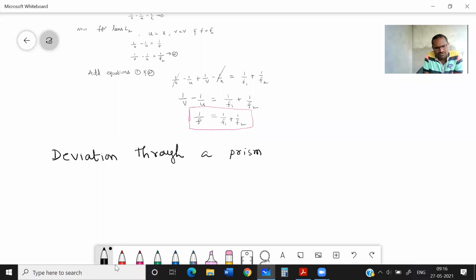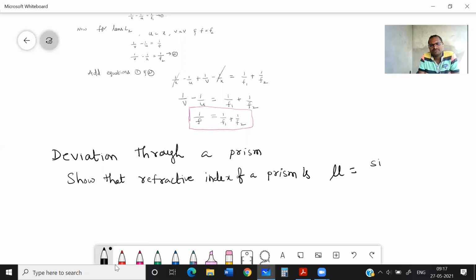That is, show that refractive index of a prism is mu is equal to sine of (A plus delta m) by 2 divided by sine A by 2.